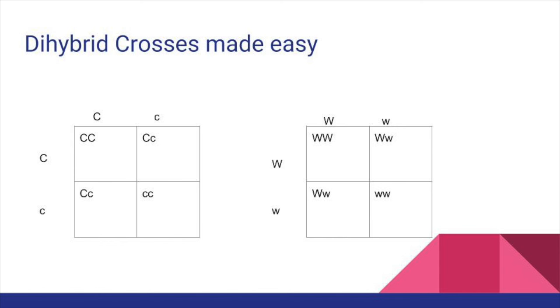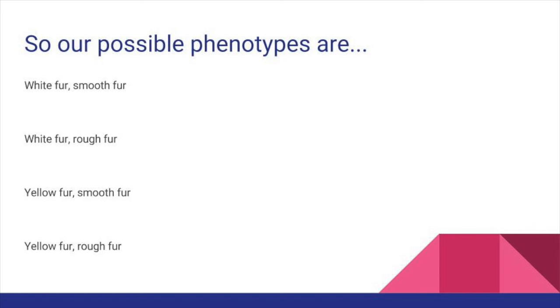So if we're crossing two heterozygous individuals, we will get homozygous dominant on both, one homozygous recessive, and then two heterozygous for both traits. So our possible phenotypes are white fur with smooth, white fur with rough, yellow fur with smooth, or yellow fur with rough fur.